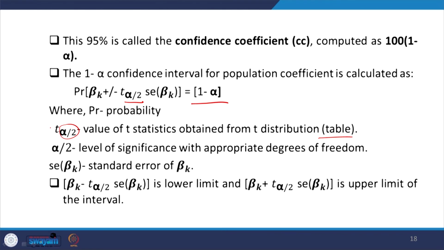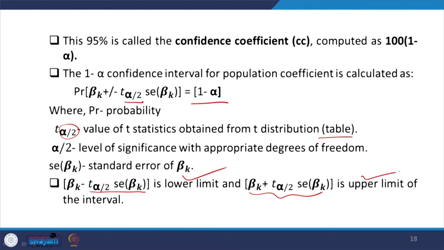When you subtract the tabulated value at the alpha significance level times the standard error from the beta value, you get the lower limit of the confidence interval. We will explain with the help of data also. If you add it to the mean value, the deviation explained by the error term defines the upper limit of the confidence interval. We will explain this later.